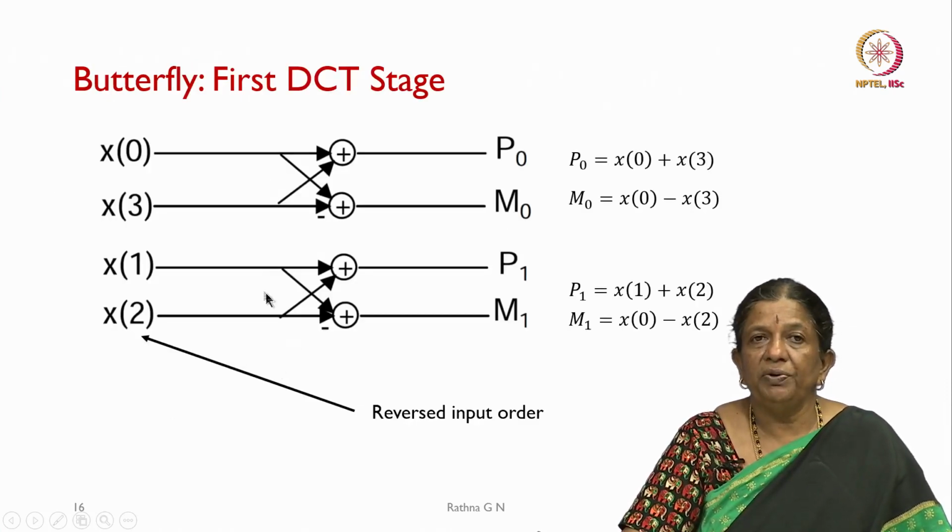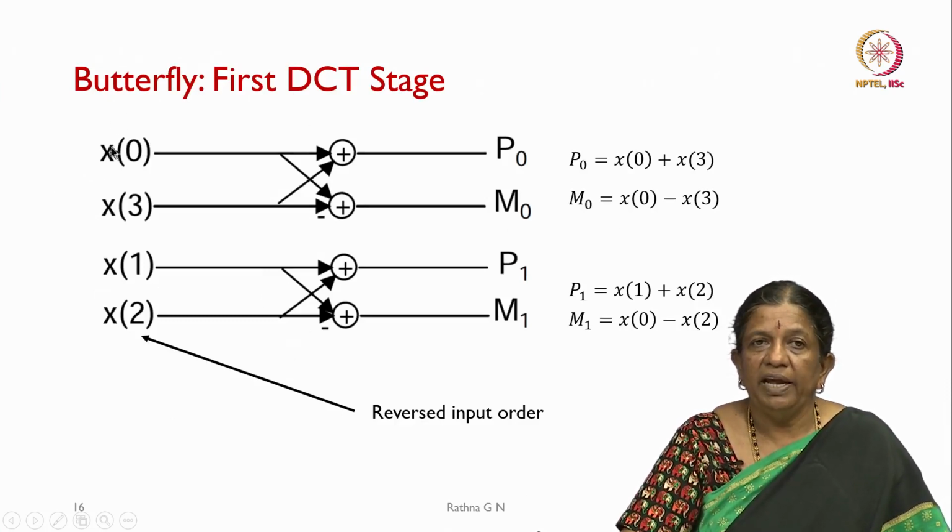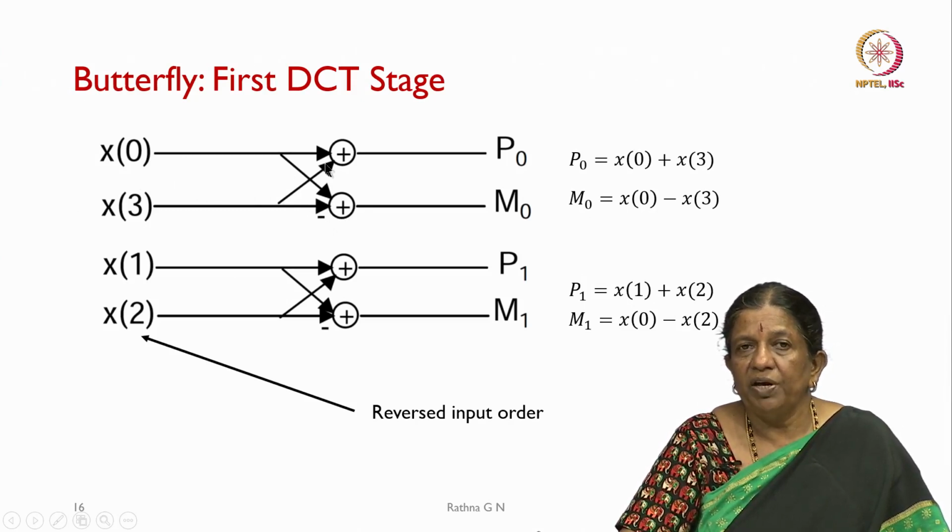So, how are we going to represent it in the butterfly form? We know that x0 and then x3 is going to be minus. First one is x0, we are going to take this x3 to this, x0 plus x3 is my P0 output, and later on x0 minus x3 will be my M0. Same way we will put it for x1 and then x2.